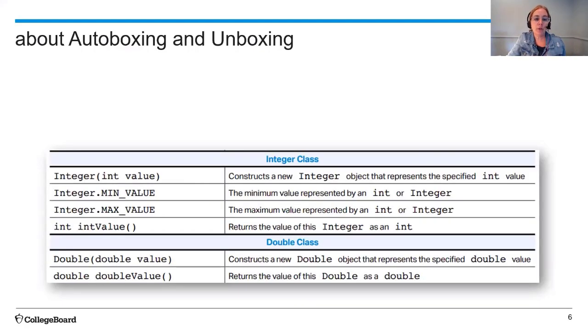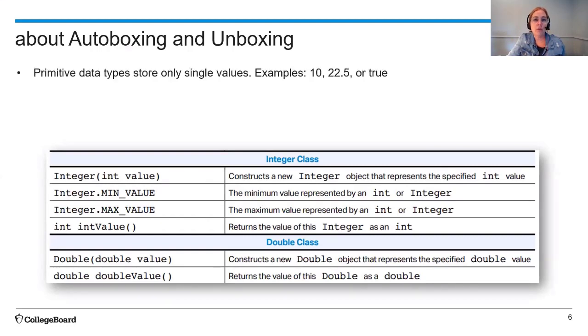Here is the Java Quick Reference showing you both the Integer class and the Double, and some reminders. Primitive values that you learned in Unit 1 store only single values. So the primitive data type int, double, or boolean in their lowercase form stores a single value.